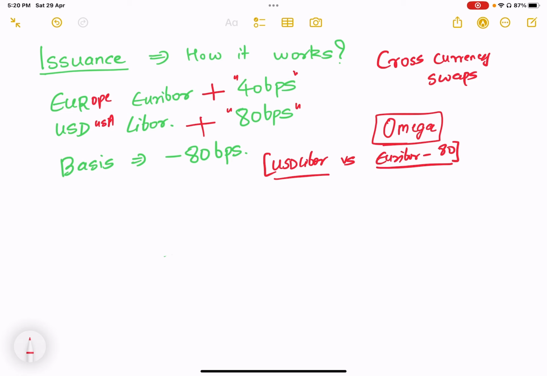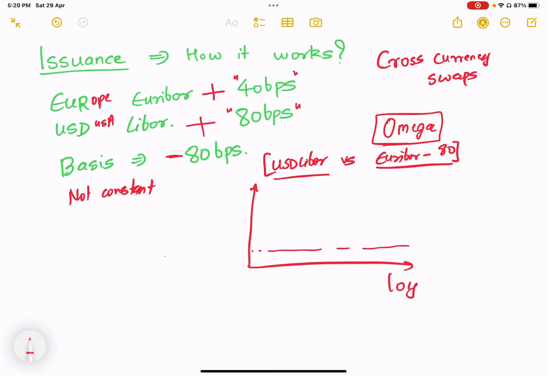Now, if this is minus 80 pips, I'm also assuming something slightly different, that basis is not constant. So if I do an issuance for 10 years, then my basis is, let's say, minus 80.